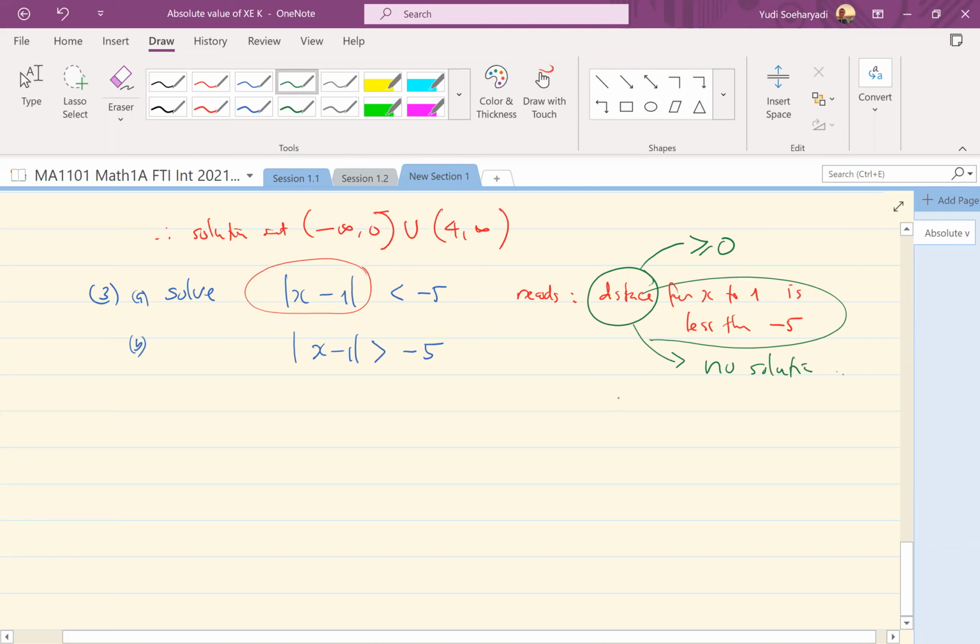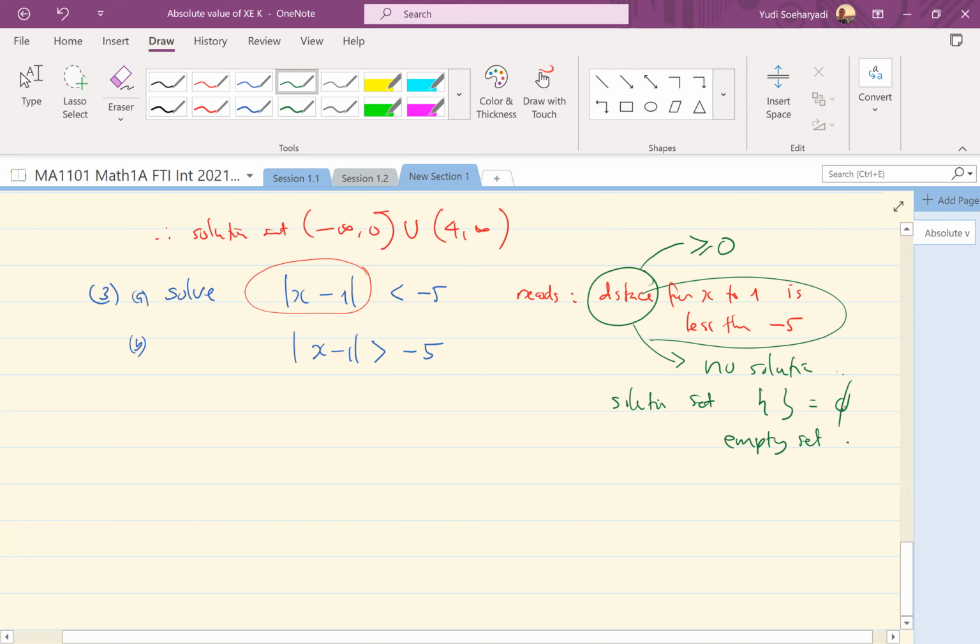All right, so the solution set is the empty set, or you can write it this way. Just by interpreting it as distance, you can solve this without even computing.